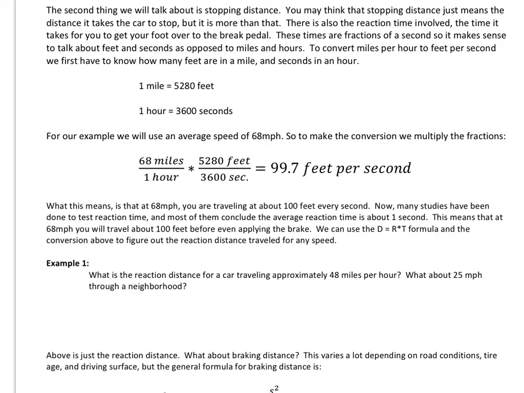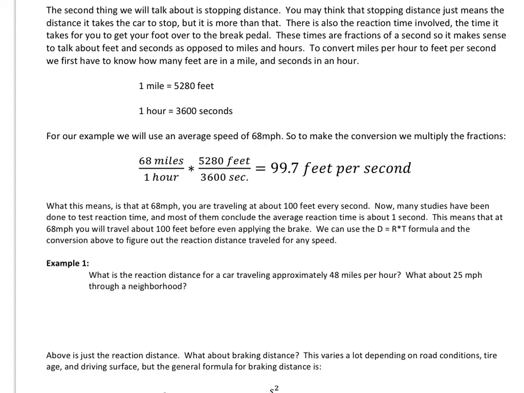So at 68 miles per hour, you are actually traveling at 100 feet per second. 100 feet every single second. Okay, so now there's been a lot of studies done on reaction time, and we talked about this, the average reaction time is about 1 second. So what that means, since you travel at 99.7 feet per second going 68 miles per hour, is that before you even apply the brake, you've gone just about 100 feet.